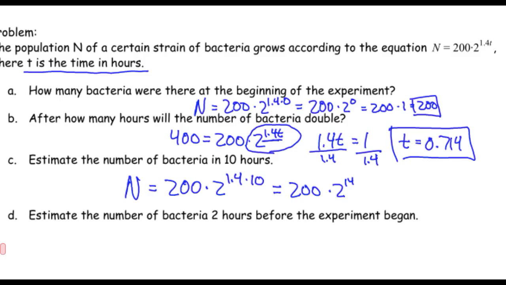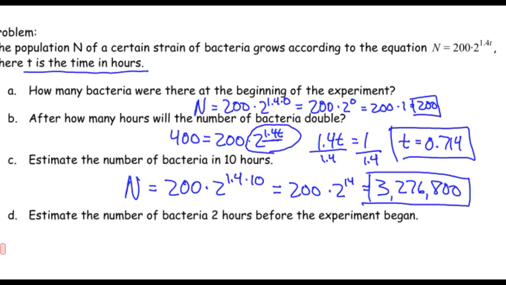I'm just punching this in my calculator, 2 to the 14th power. There would be roughly 3,276,800 bacteria after just 10 hours. We started with 200, and after 10 hours we're already up to 3 million. That's that mathematical explosion there.